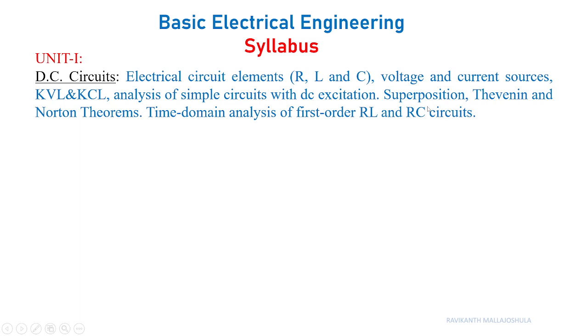Then you have some theorems like superposition theorem, Thevenin's theorem and Norton's theorem. And then we have time domain analysis of first order RL and RC circuits. In this session, we are not going to concentrate on time domain analysis of first order RL and RC circuits. The rest of the topics will be covered here, and time domain analysis we are going to see in a later session.